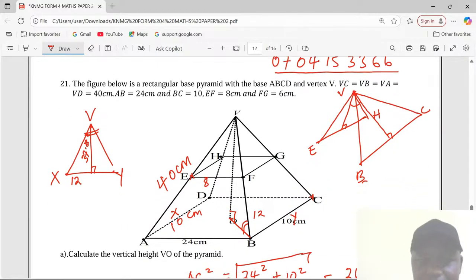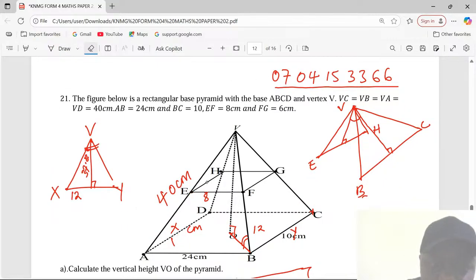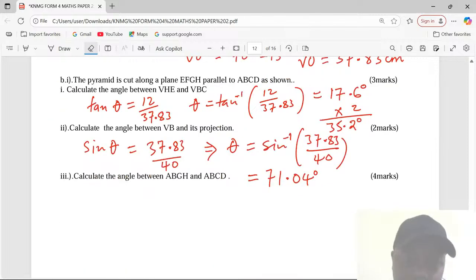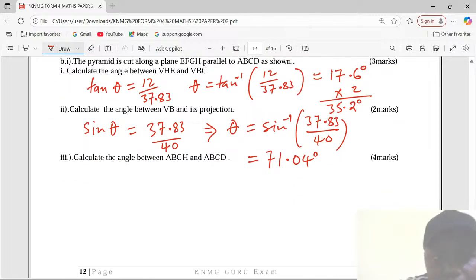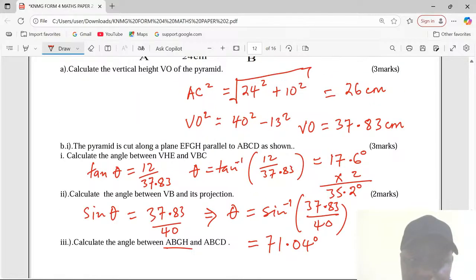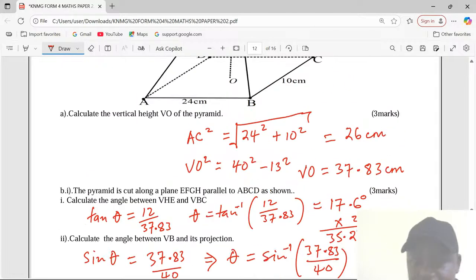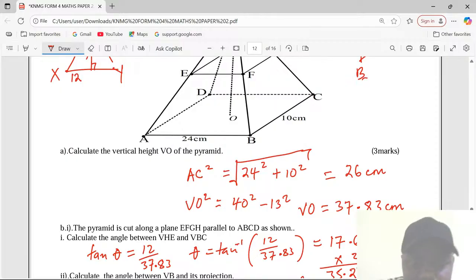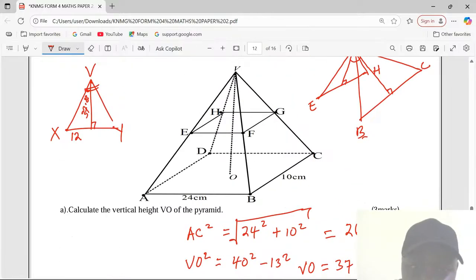There is another angle here that we're supposed to find, guys, and that is the angle between ABGH and the base. Let's identify that first. ABGH. The angle through here.